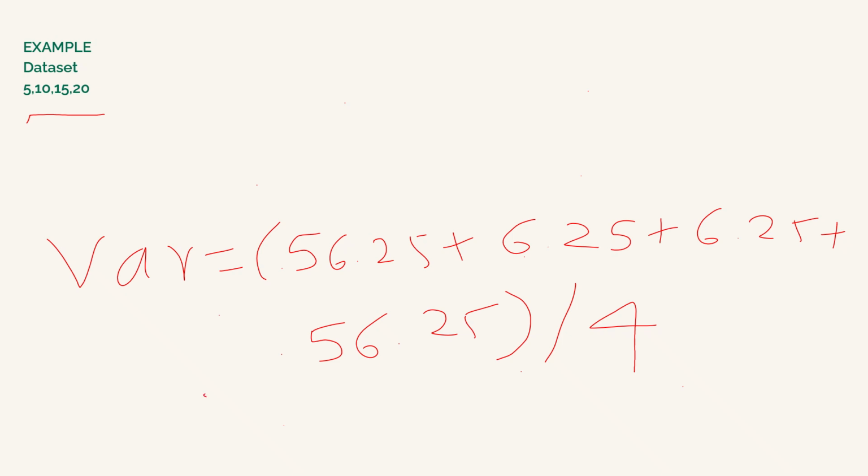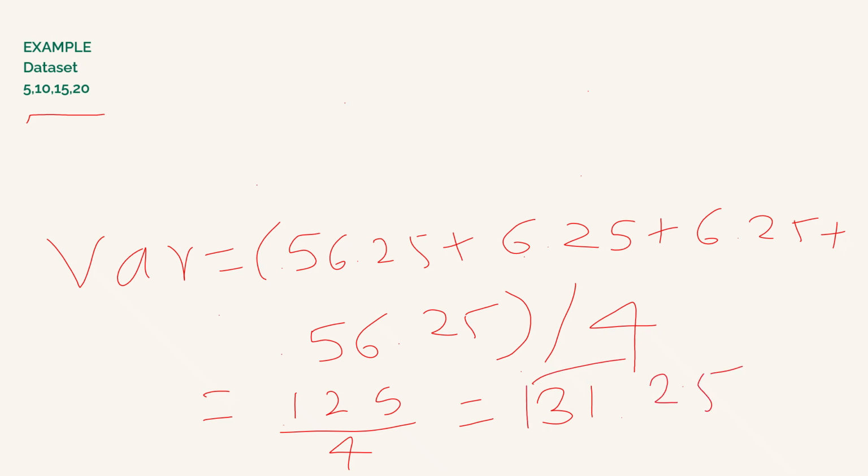There are 4. So after adding these values, we are getting 125 divided by 4, which is 31.25.